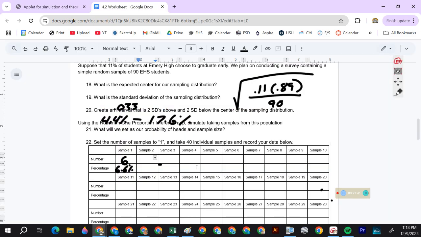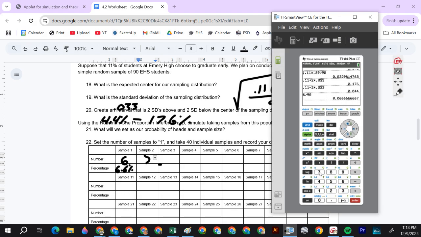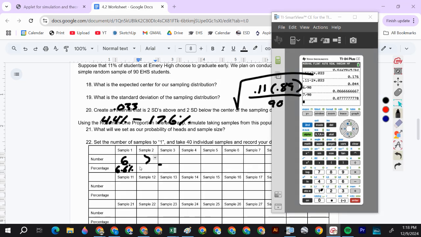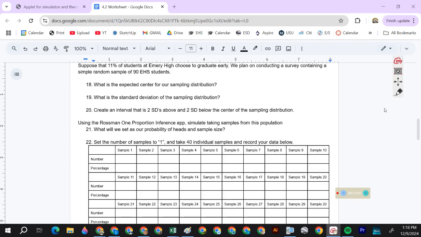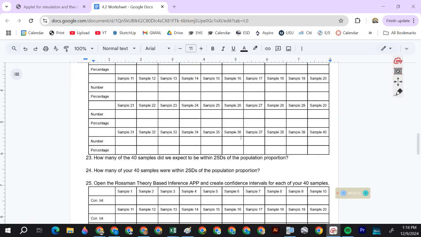So over here, I write 7, and then on my calculator, I do 7 divided by 90, and I get 7.7%. So you guys need to go through and do all 40 samples.